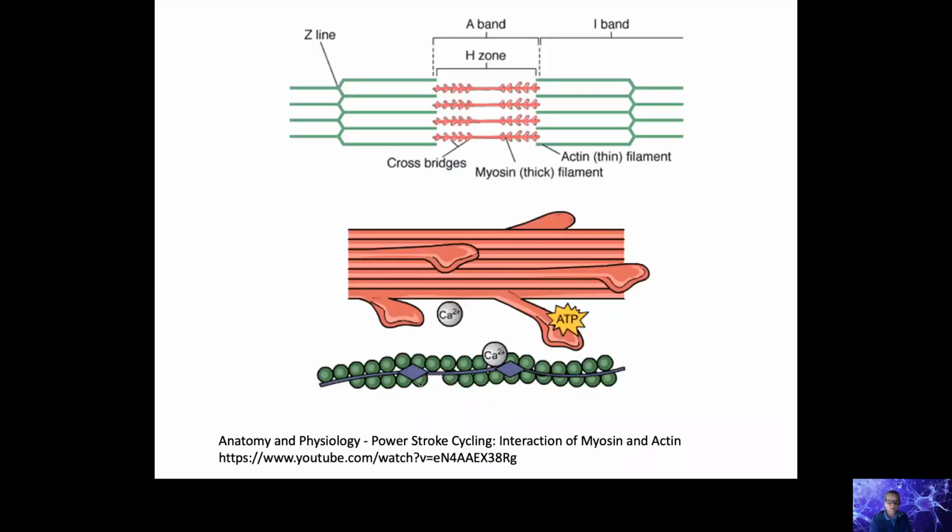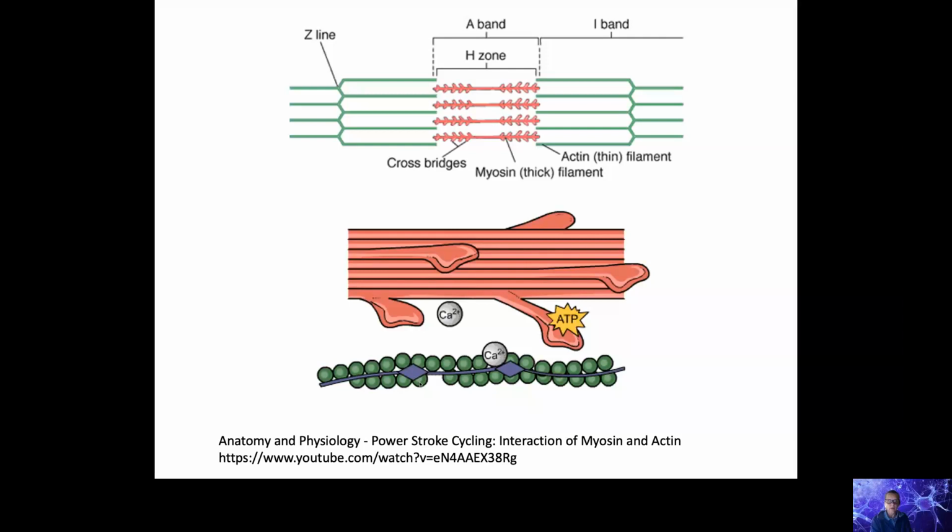I put this here because we're going to go over what I just said before. In the top diagram, the peachish, orangish structure or lines are going to represent myosin, the thick filament with the globular heads.